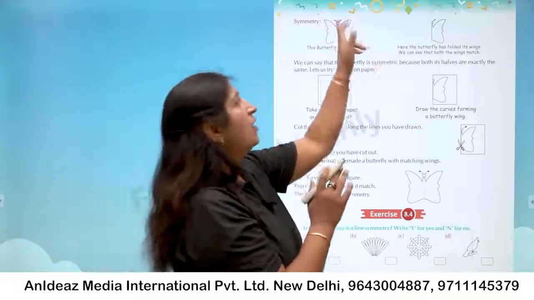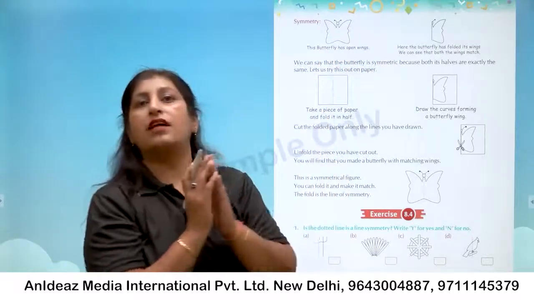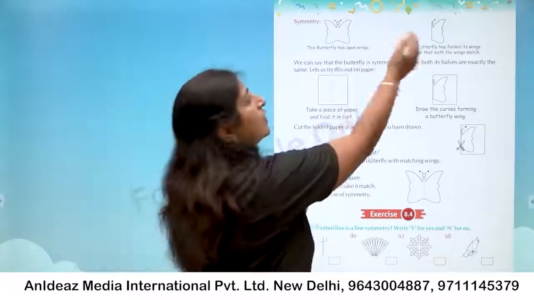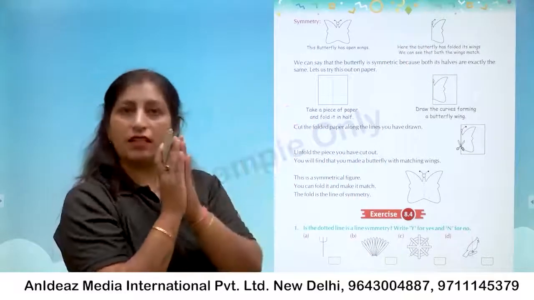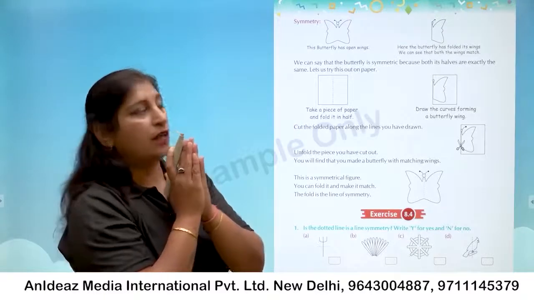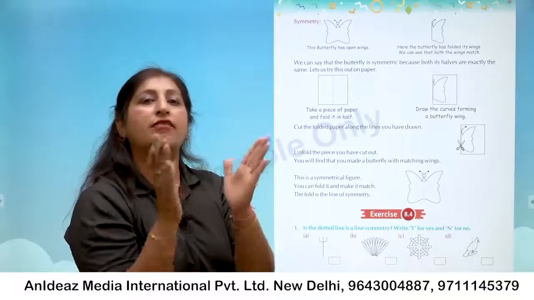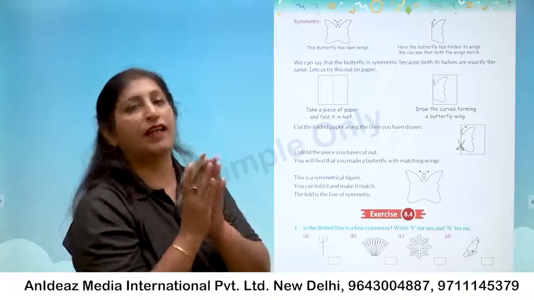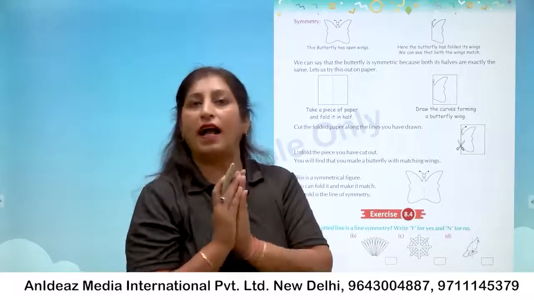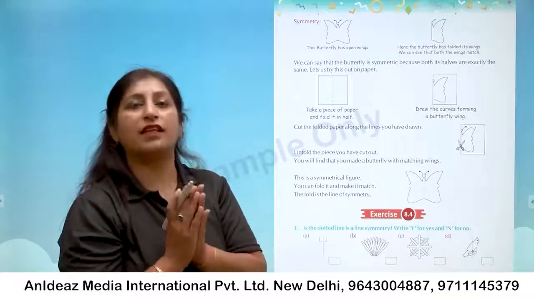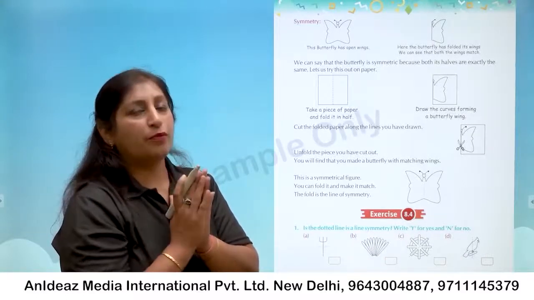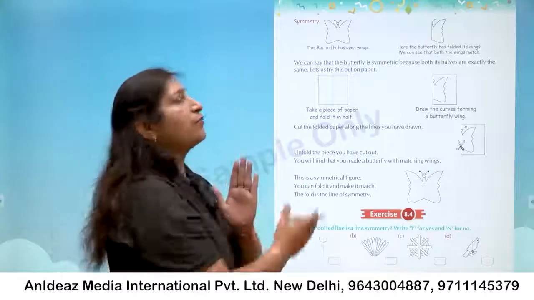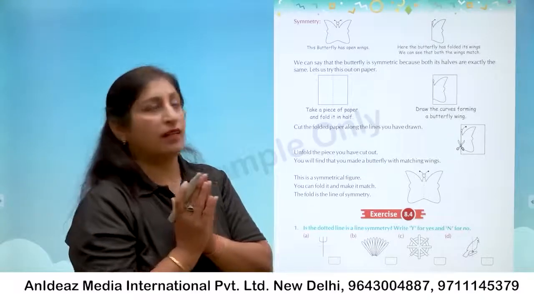You can see that this butterfly has unfolded wings and now it has folded wings. It means one wing has covered the other wing. If one part has covered the second part completely, it means both parts are identical, mirror images of each other, and so the wings of the butterfly are symmetrical.